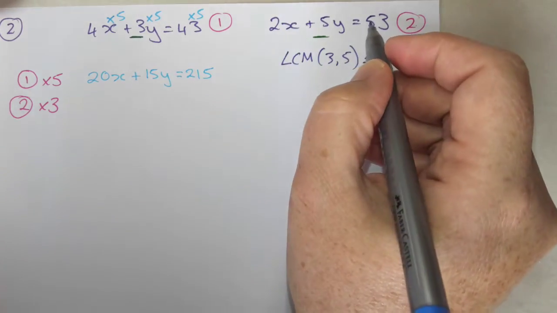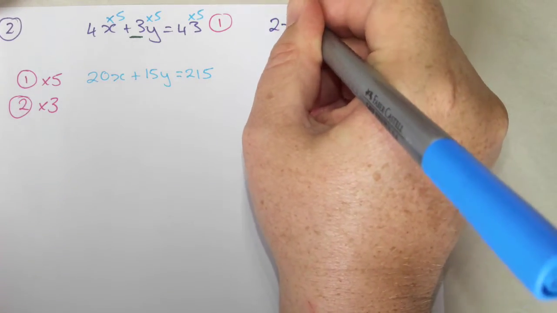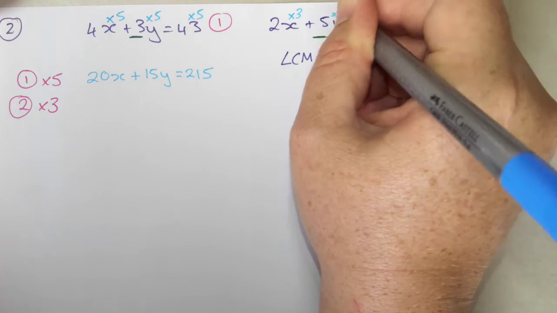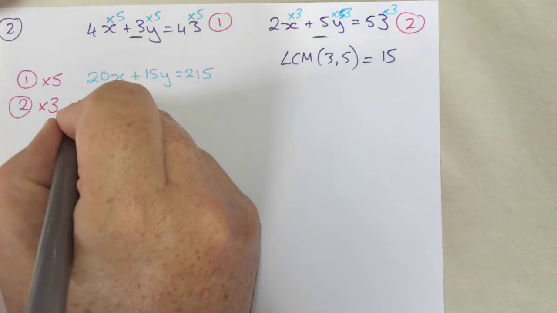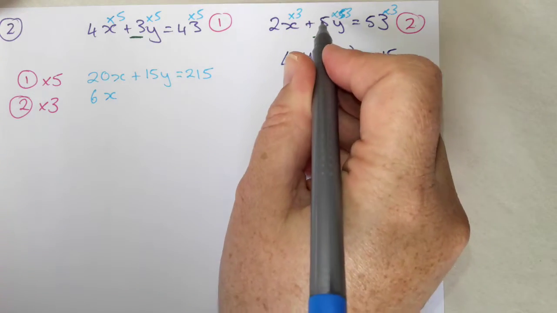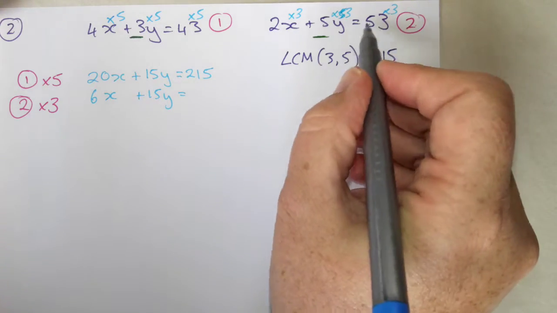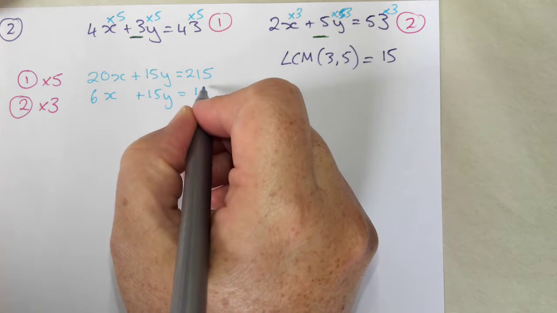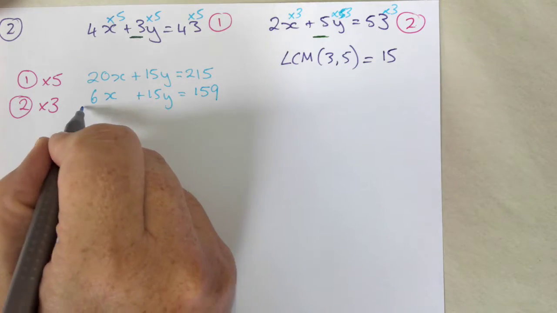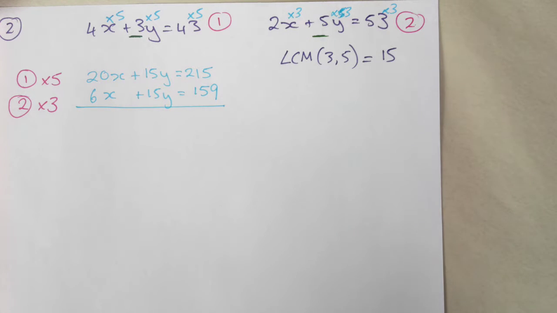Then I take equation 2 and multiply all of the terms by 3. So 2x times 3 gives me 6x, 5y times 3 gives me 15y, and 3 times 53 is going to give me 159.